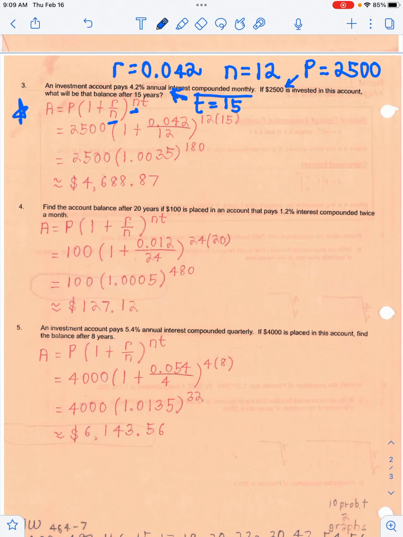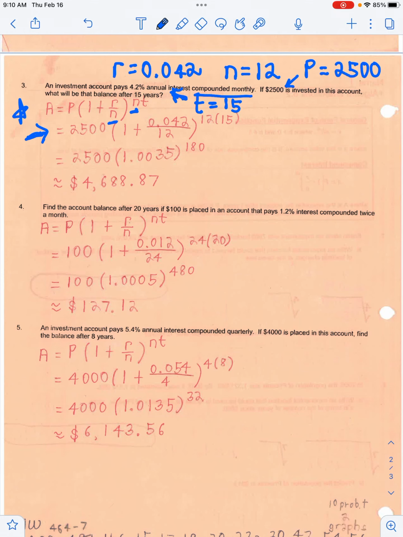If it's not a terminating decimal, you might want to just type in the whole thing and let your calculator do the computation. You could actually do that up here as well. I didn't because it could simplify. Some calculators, you may need to use parentheses around the 12 times 15 because it might only raise it to the 12 and then multiply the result by 15.